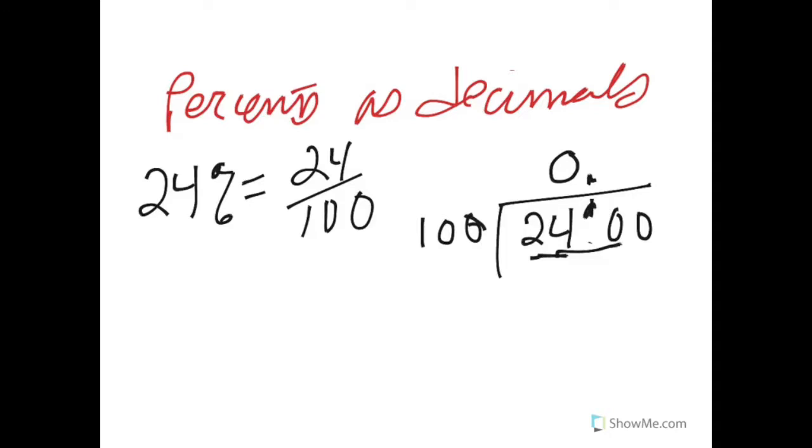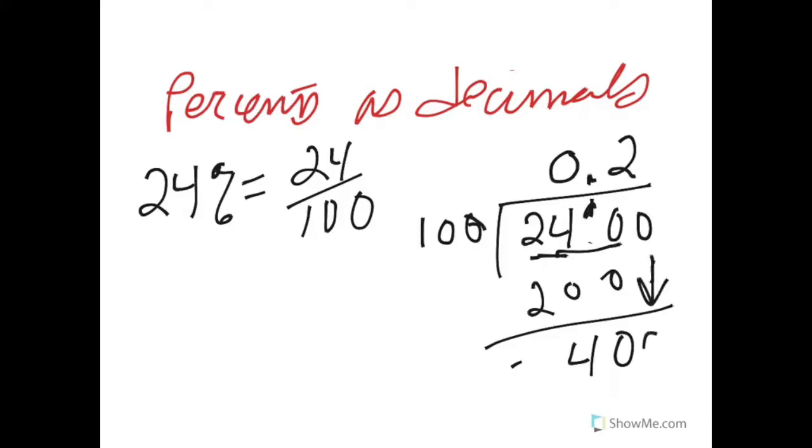100 does go into 240, 2 times. 2 times 100 is 200. I subtract, I end up with 40, and I bring down my 0. 100 goes into 400 4 times exactly. I subtract that out, end up with 0, nothing left over.